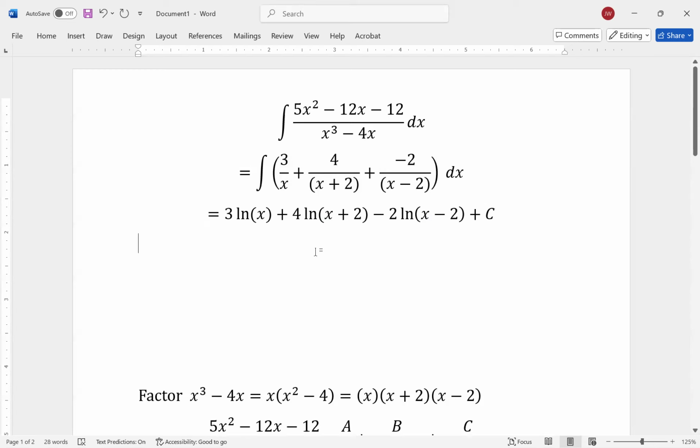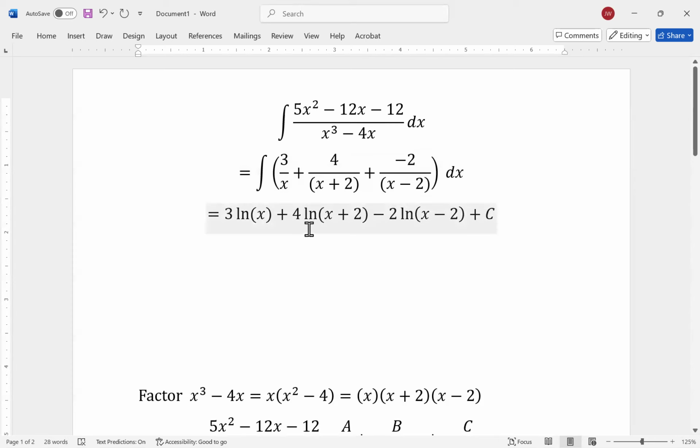A lot of times people will rewrite this again using the rules of natural logs. If you remember, any numerical value out front, you can take this 3 and say that's the same thing as natural log of x cubed.